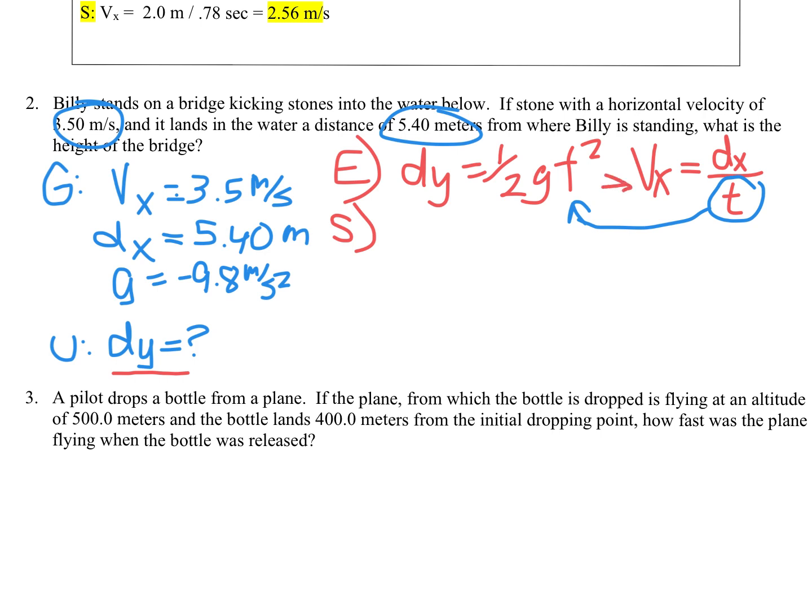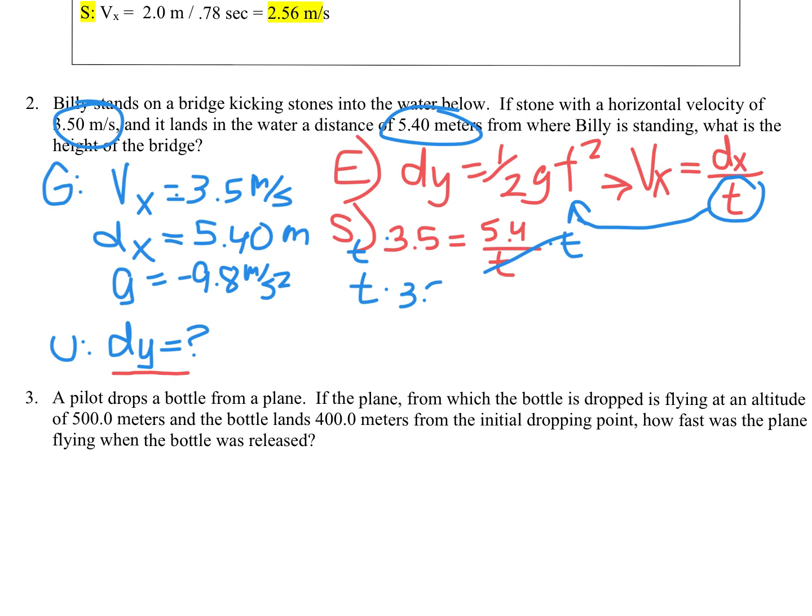If we use this equation, Vx equals dx over t, we can start plugging in. Vx is 3.5. The distance in the x direction is 5.4 meters, and the time we don't know. But we can solve for that. We know we need to multiply time to both sides. So time cancels out.